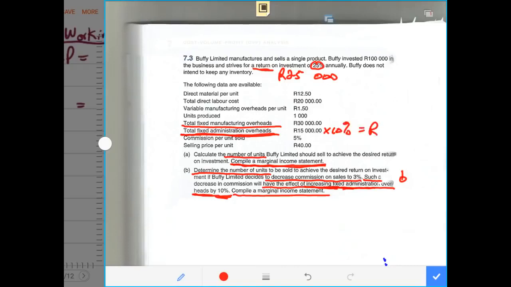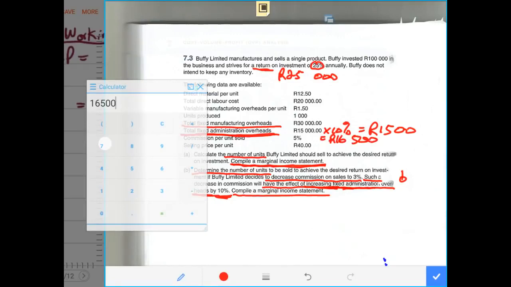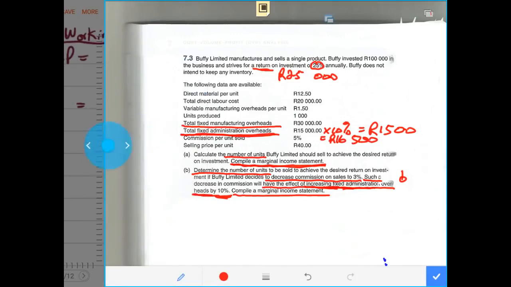If we times this by 10%, it will give us 1,500. Just confirm that 15,000 times 10% is 1,500. So now we say 1,500 plus 15,000 rands, this will be 16,500. That means the increased fixed administration will be 16,500.